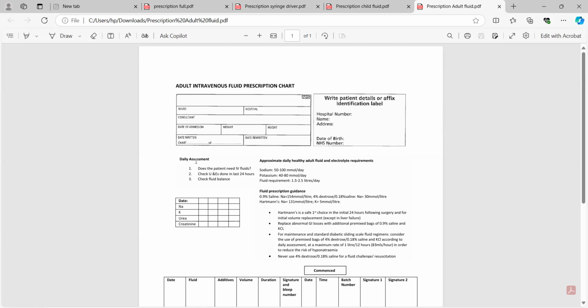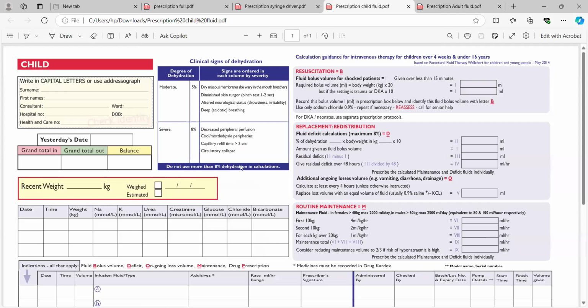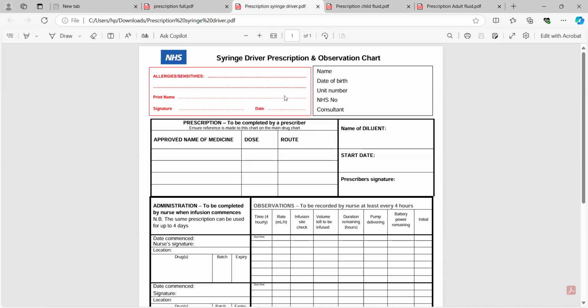This is usually kept separate. And this is the child prescription for fluid. This is also placed in a separate section, and this is the syringe driver. All three prescription charts you can find separately from the main prescription letter inside your cubicle.